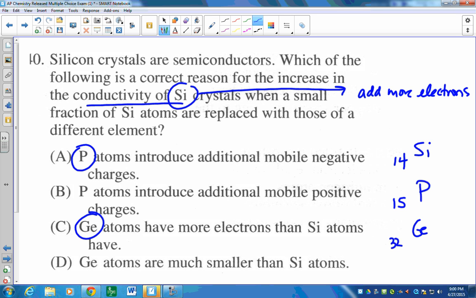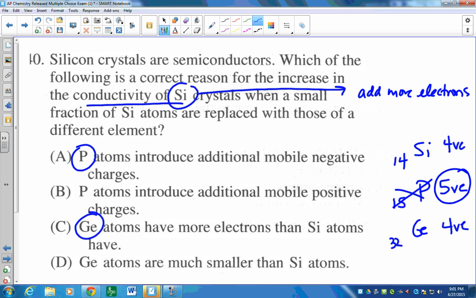We have to talk valence electrons, because those are the electrons that matter. Silicon has 4 valence electrons, phosphorus has 5 valence electrons, and germanium has 4 valence electrons. So if you want to increase the conductivity, you need to dope it with something that has more valence electrons.